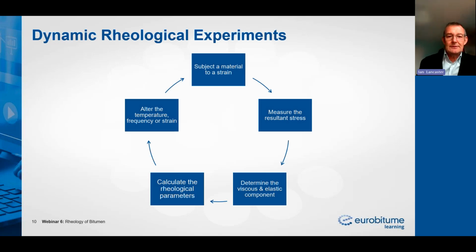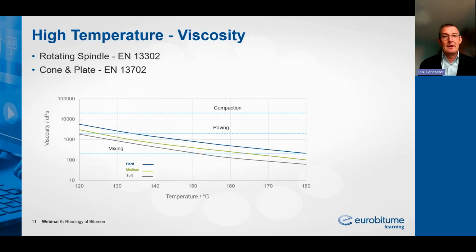So let's have a look at the high temperature end. Rheology and viscosity are interchangeable at this point. We can measure viscosity in a dynamic fashion using either a rotating spindle viscometer according to EN 13302, or using a cone and plate viscometer according to EN 13702.